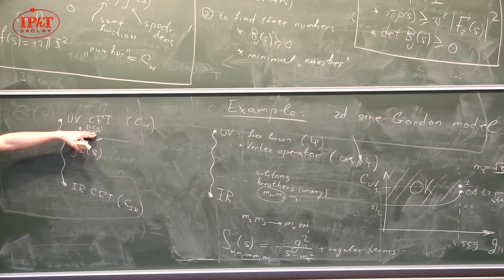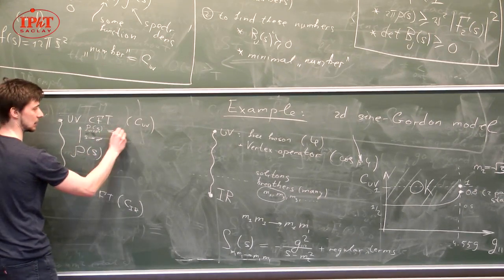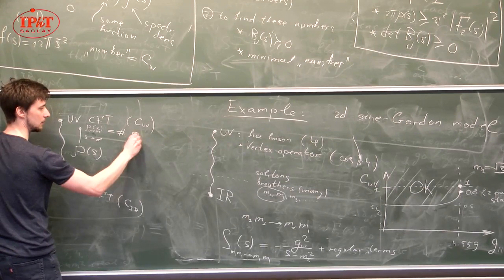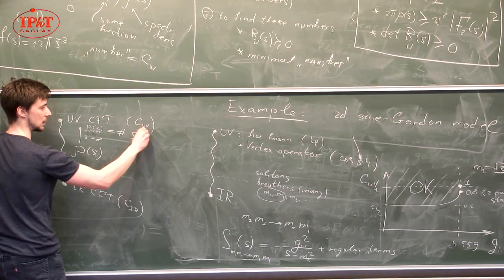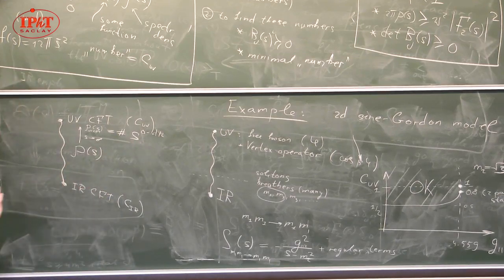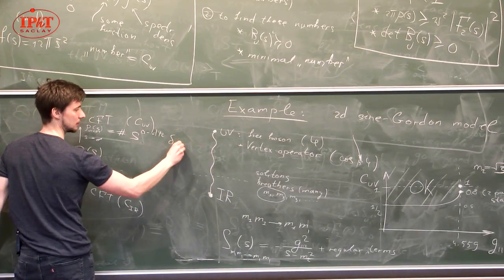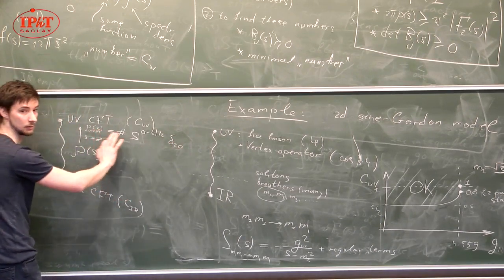And since the spectral density is the Fourier transform of the 2-point function, which is fixed in the CFT, it has a very precise expression. It's some number to the power S to the dimension of your operator minus d over 2, generically. However, in 2 dimensions, it vanishes. So in 2 dimensions, it's really 0.